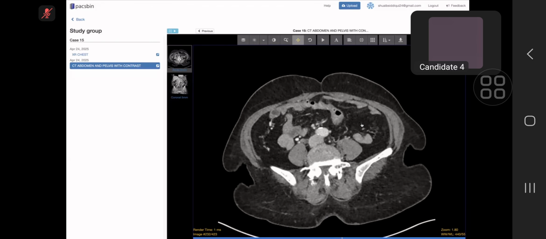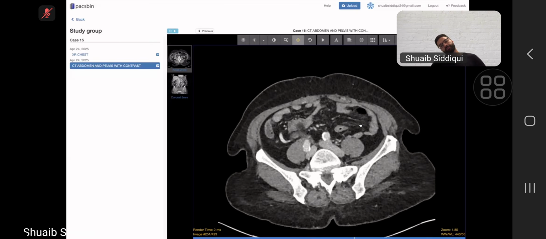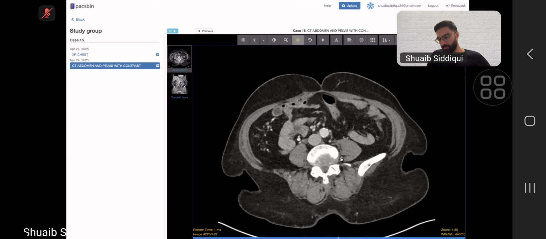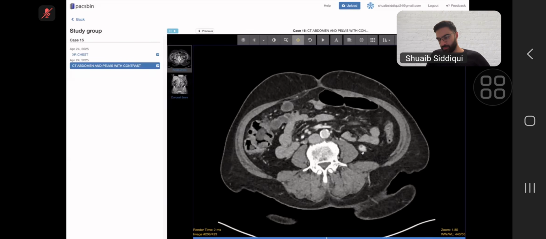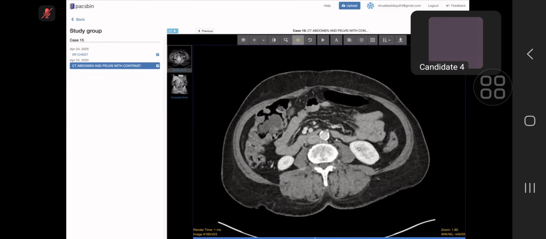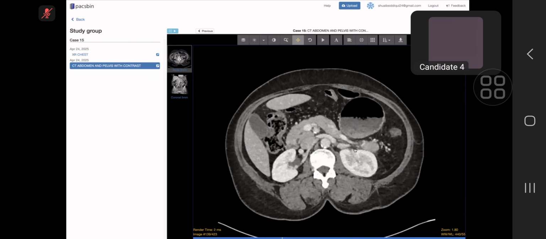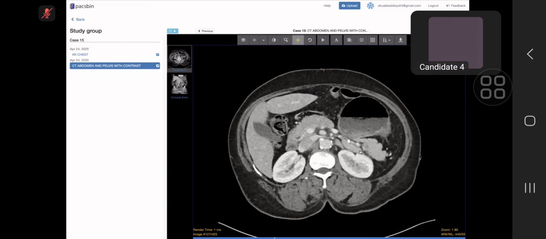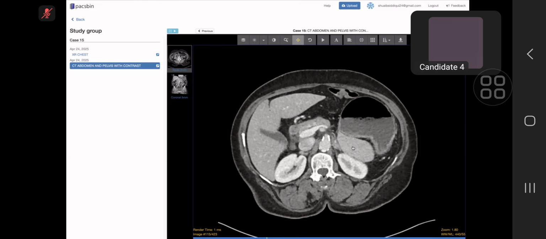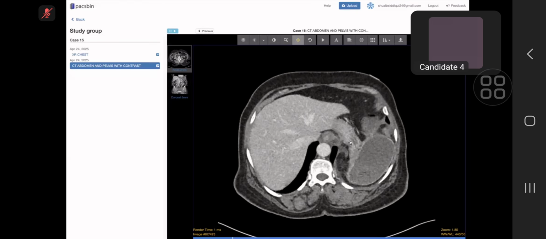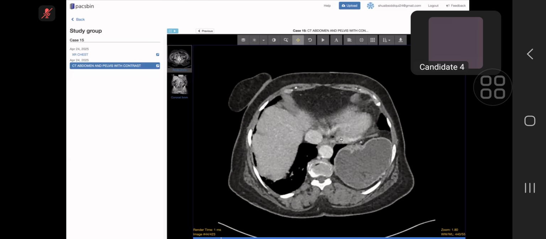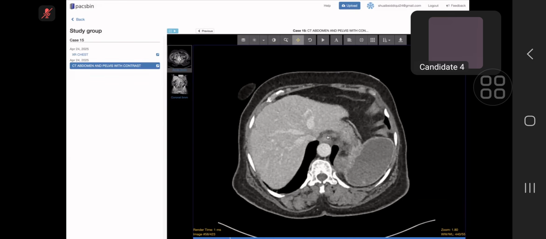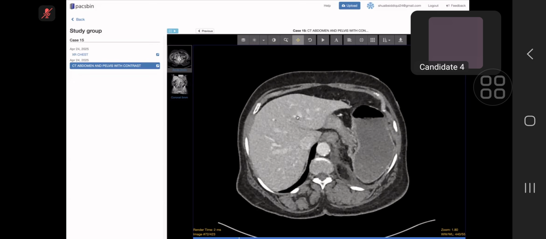Scrolling down. Just focus on the upper abdomen, please. I'm scrolling back up. Now I am looking at the upper abdomen.